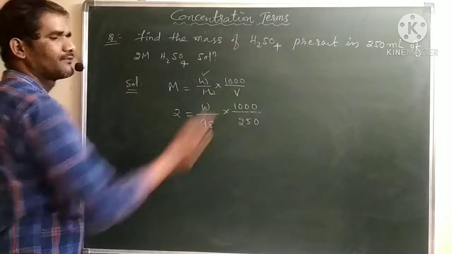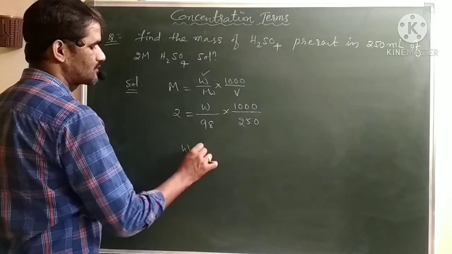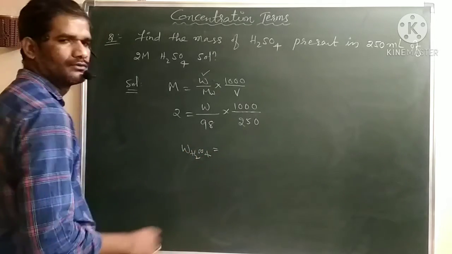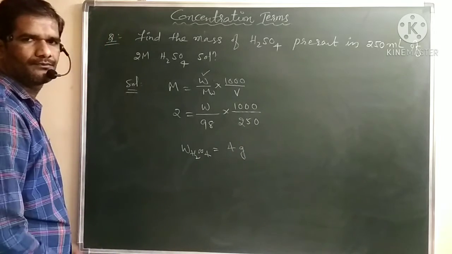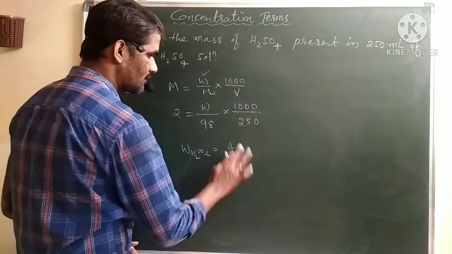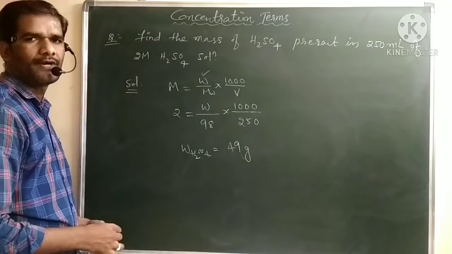So we have taken the formula. From this if you solve, you will get weight of H2SO4 equals 49 grams. Sorry, not 4 grams, it is 49 grams.